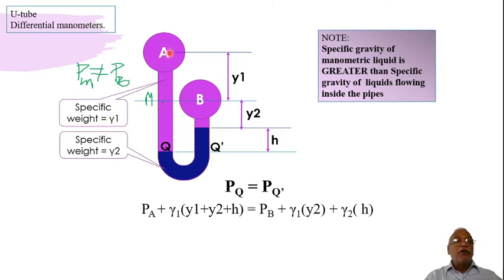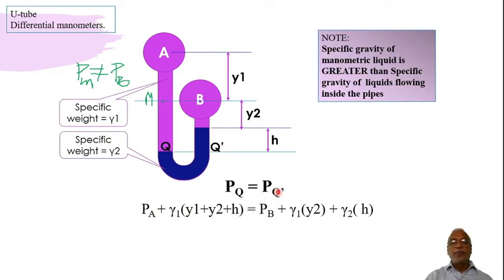How far will I go down? I will go down by Y1 plus Y2 plus H. So PA plus gamma 1, the unit weight, specific weight of the liquid, through a distance of Y1 plus Y2 plus H, so that I come to PQ. So PQ is PA plus gamma 1 times (Y1 plus Y2 plus H).